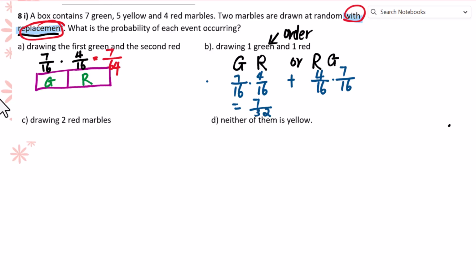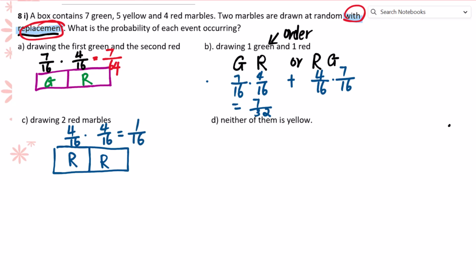C. Drawing two red marbles. You don't have to consider the order because the first one red, second one is also red. 4 over 16 times 4 over 16 equals 1 over 16.